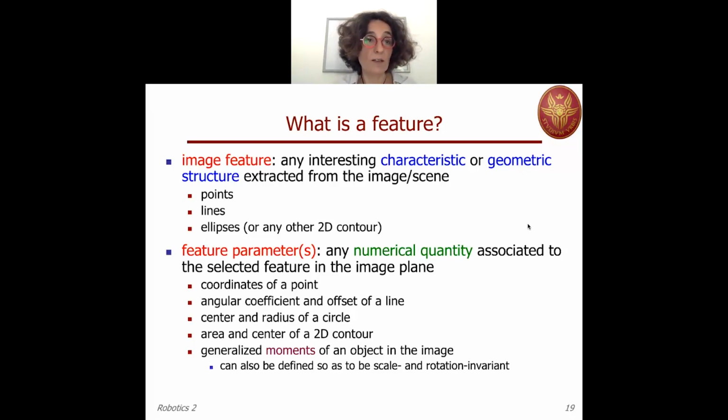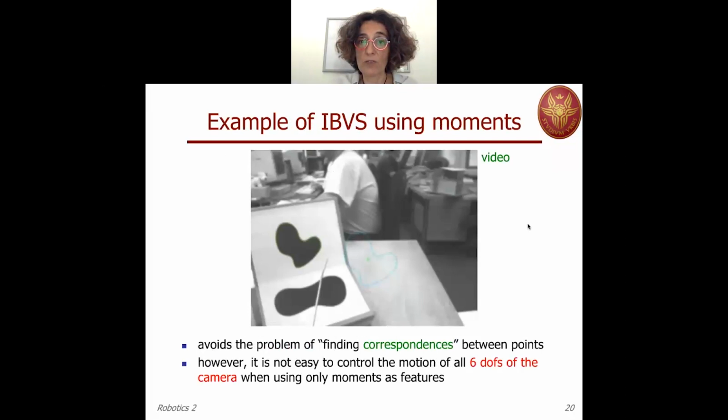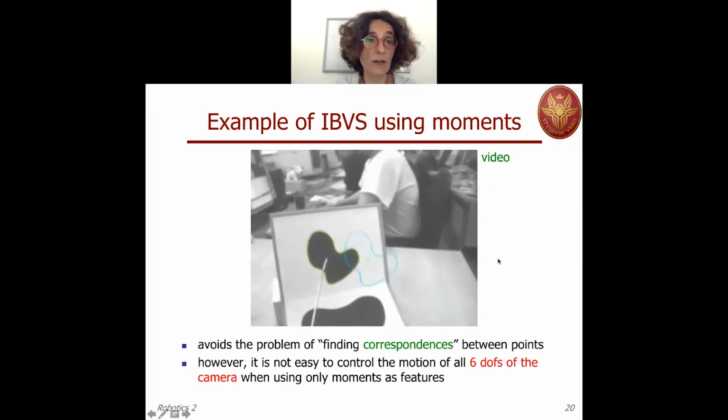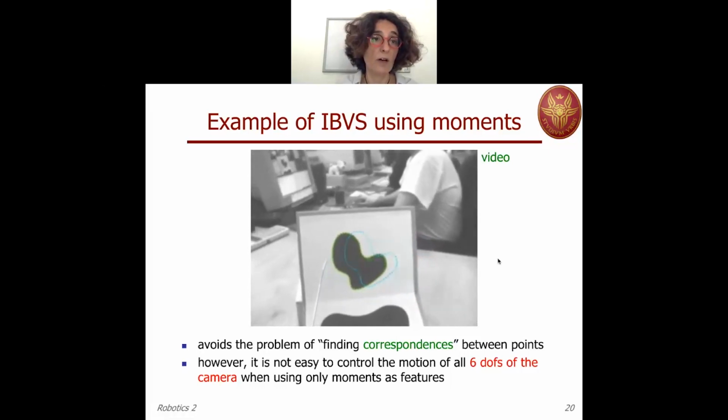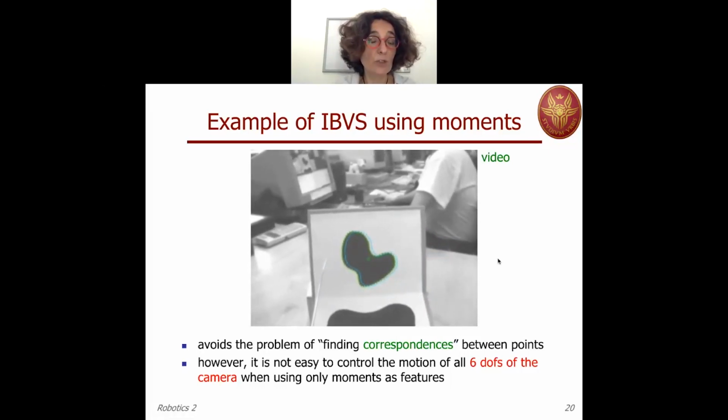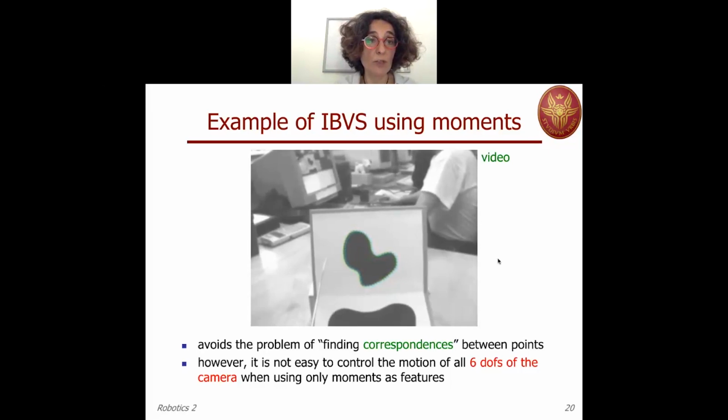More in general, we can compute the control law based on the image moments. Image moments characterize some statistical properties of an image. For example, the area and the center of a 2D contour, for which, if we use moments, we don't need to represent geometrically the contour.